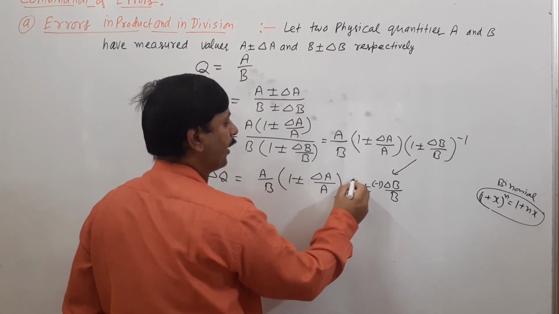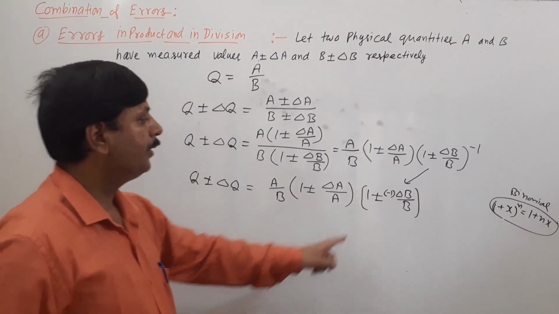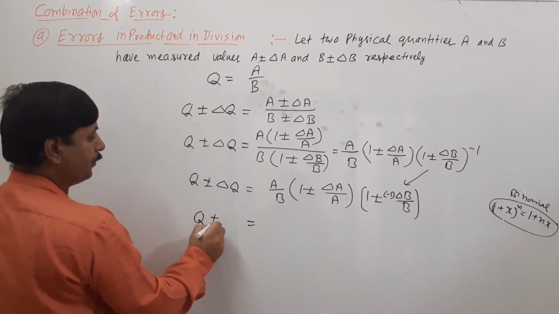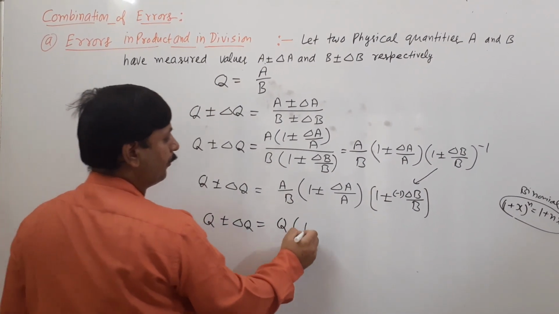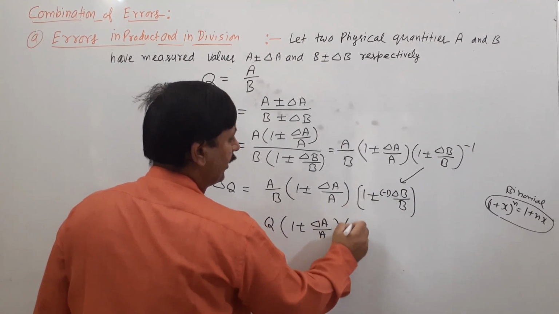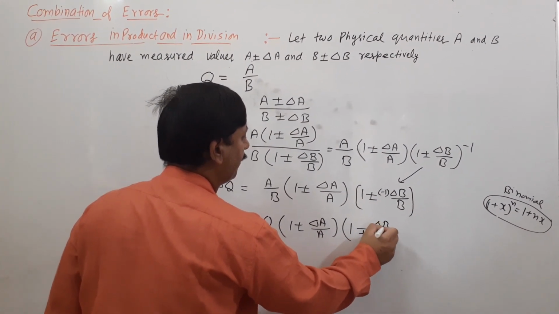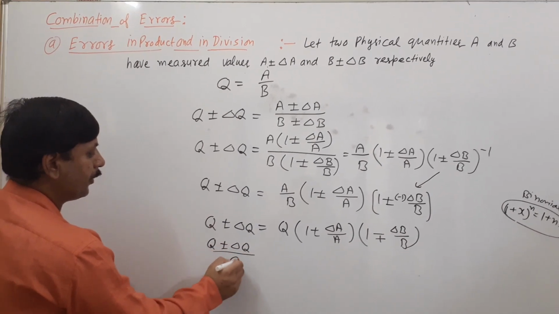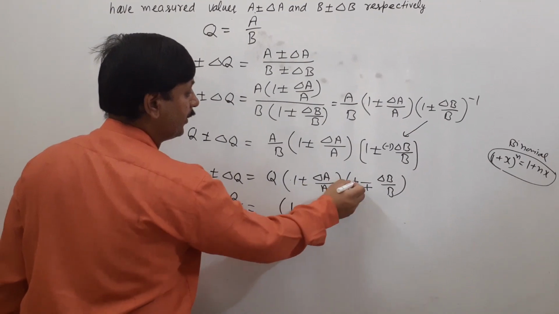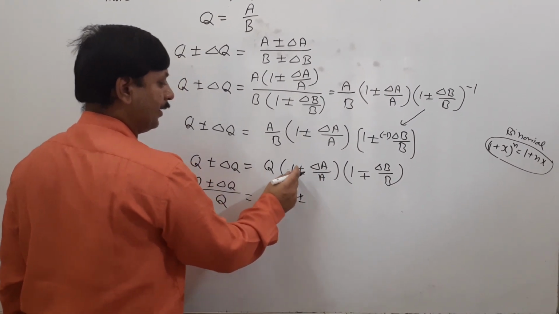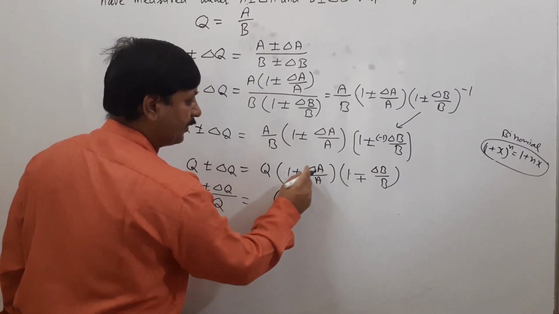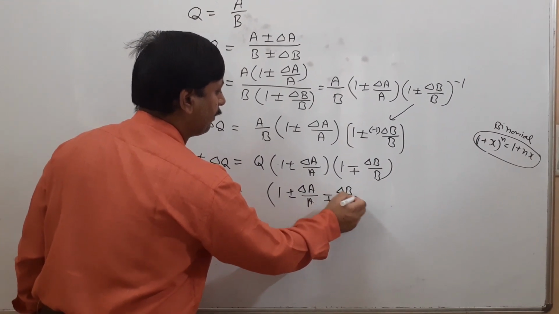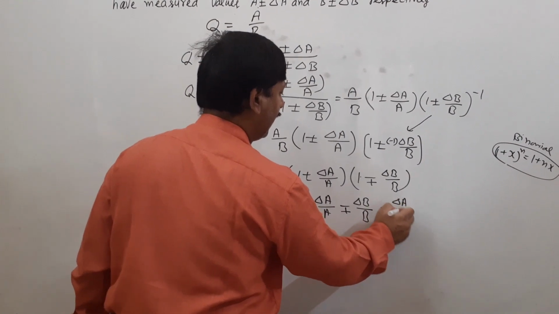By the help of the binomial theorem, we can write 1 minus plus del B upon B. This A upon B is Q, 1 plus minus del A upon A. So Q plus minus del Q upon Q is equal to 1 plus minus del A upon A minus plus del B upon B, and there is also the product of del A upon A and del B upon B.